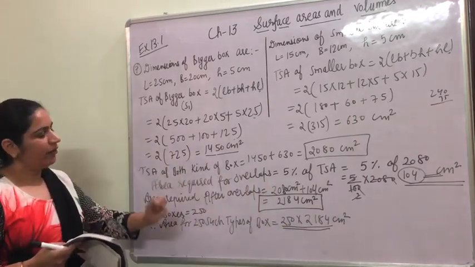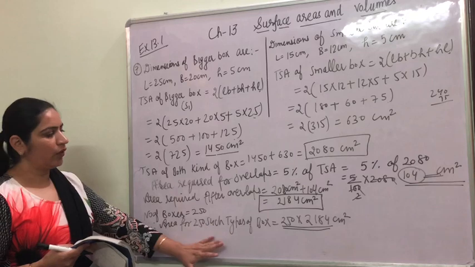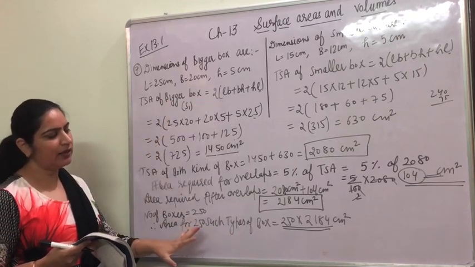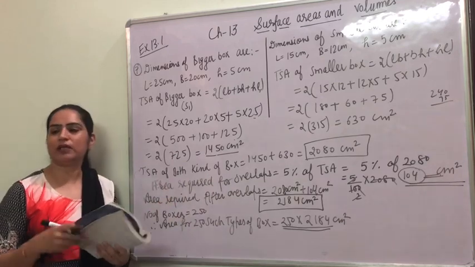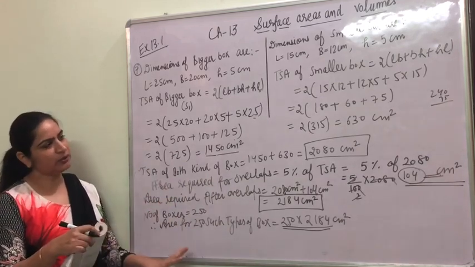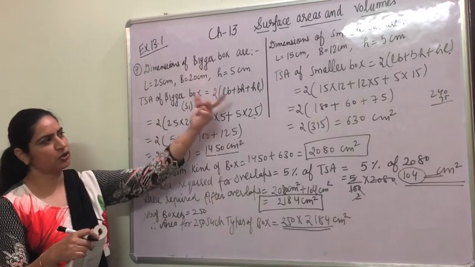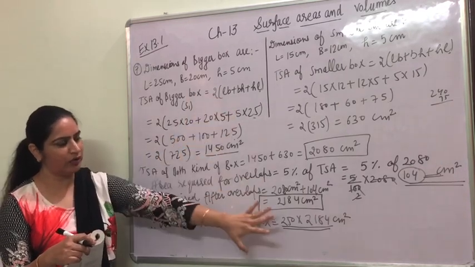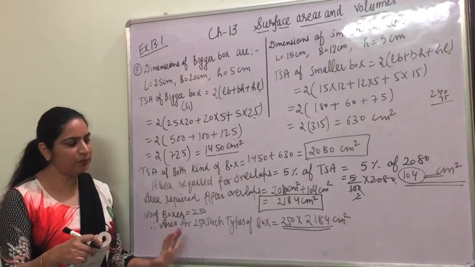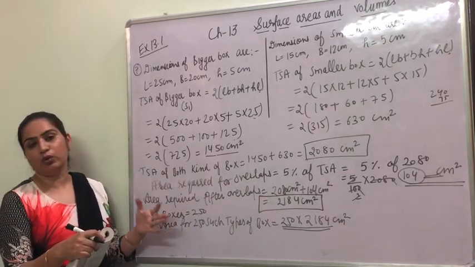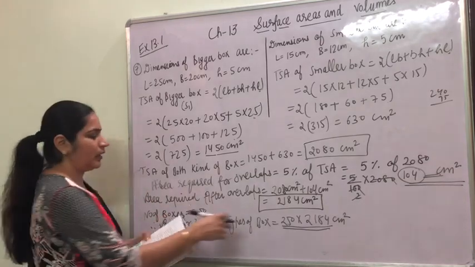Till here we have found the area required for making both types of boxes. At the last, in this question basically there are two parts. In the first part we have to find how much area is required for making such boxes after overlap, and in the second part they are asking us to find the total cost also.